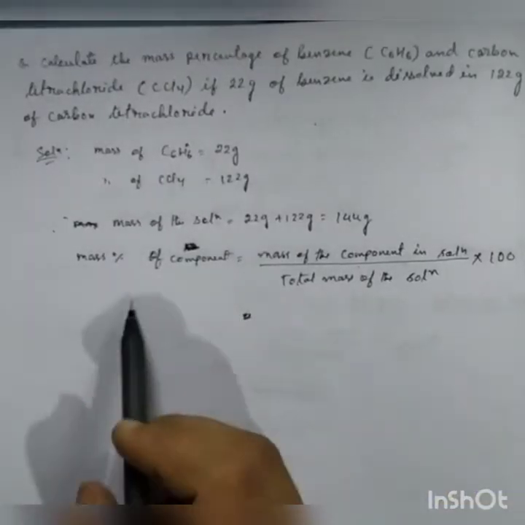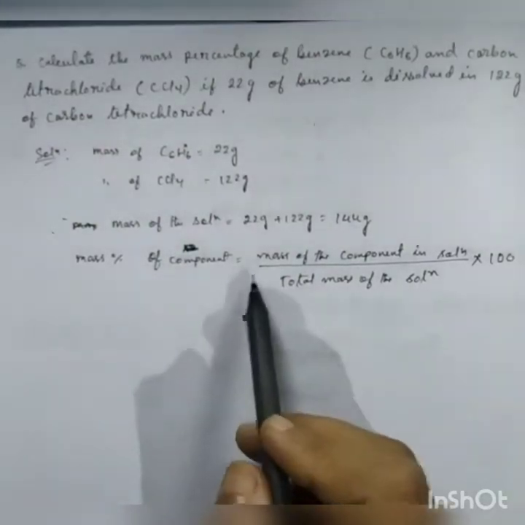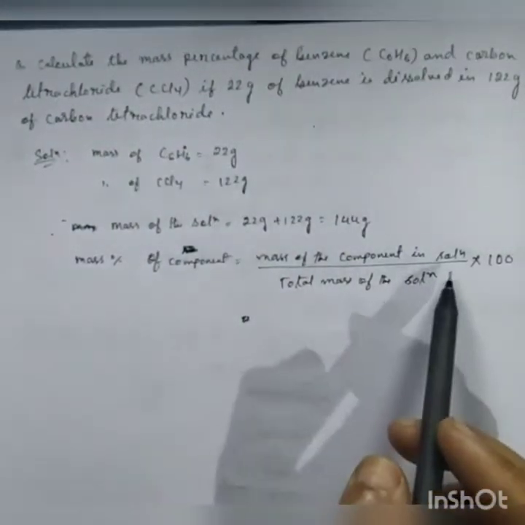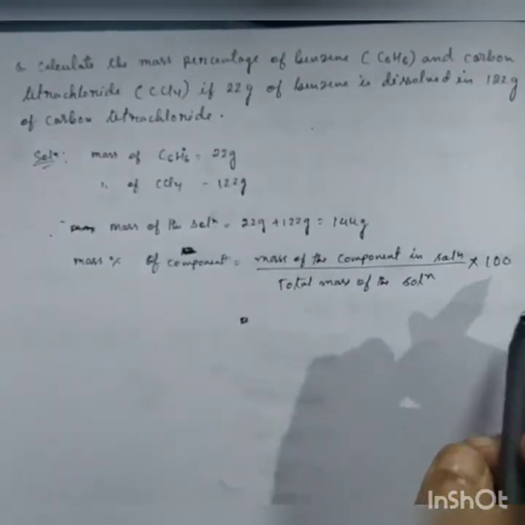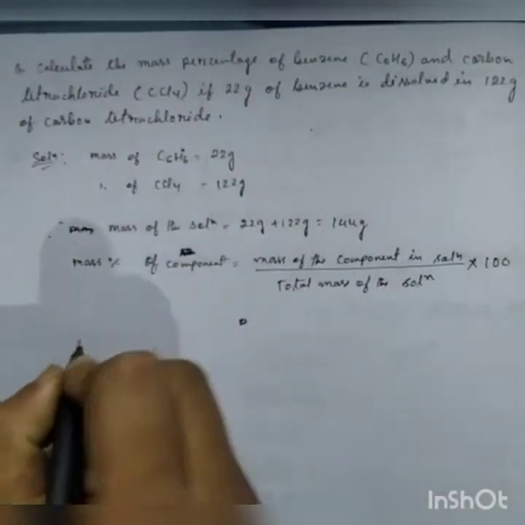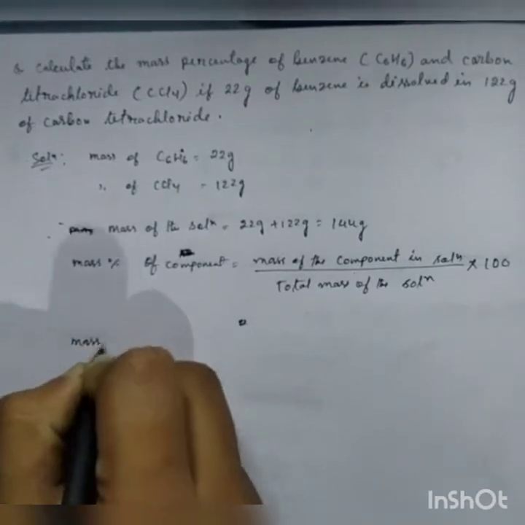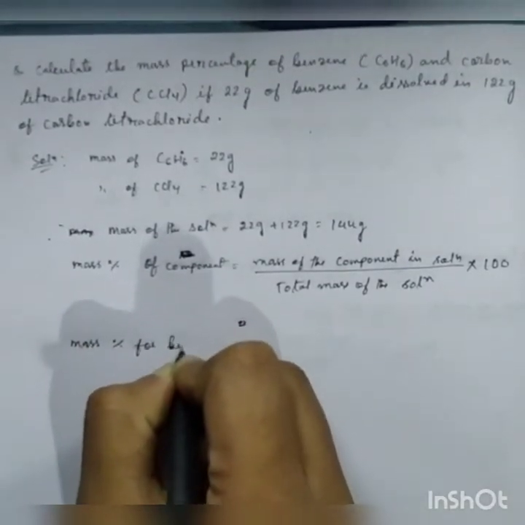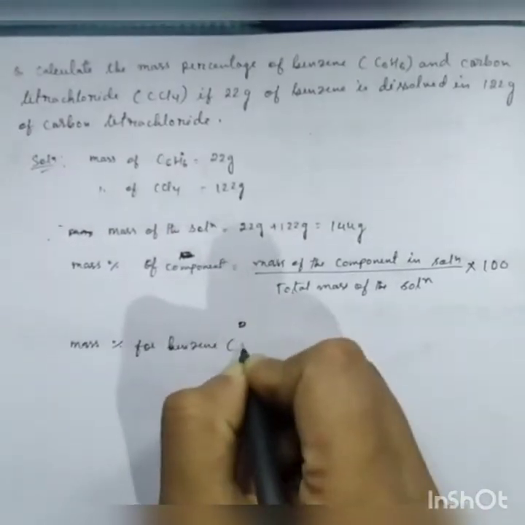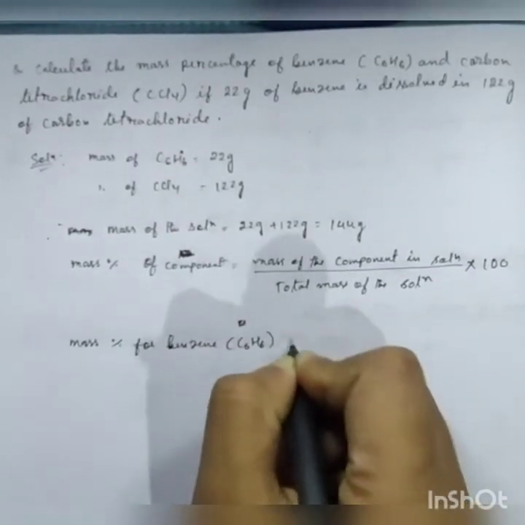Now you have to calculate the mass percentage of benzene and carbon tetrachloride. We know that the formula of mass percent of a component is equal to mass of the component in solution divided by total mass of the solution, into 100. First we calculate the mass percent for benzene, C6H6.